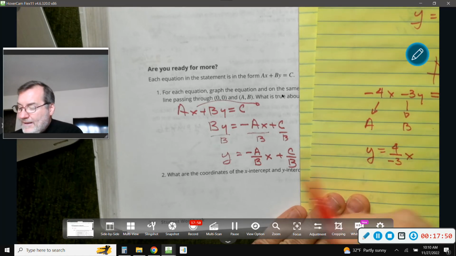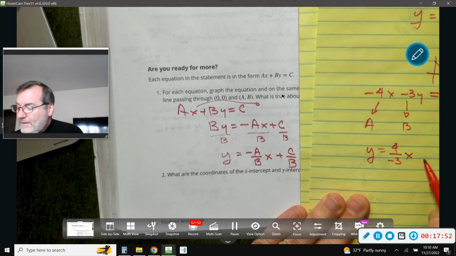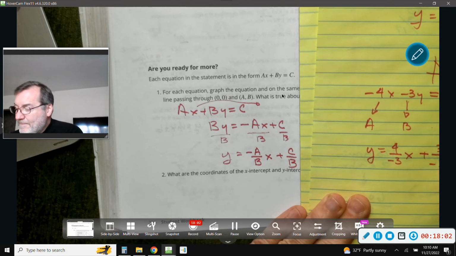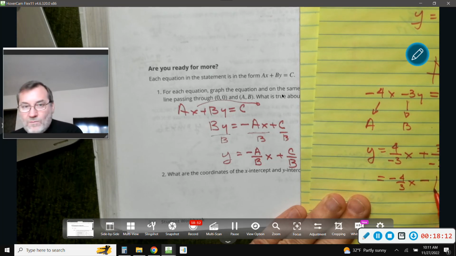And there's my x, just like before. And then plus c. Well, what's c? Well, c is 3 divided by the b value. What's b? Negative 3. All right, we'll do a little bit of cleanup here. So that's a negative 4/3 x. And then I'm going to add 3 divided by negative 3, so that's the same as a minus 1.